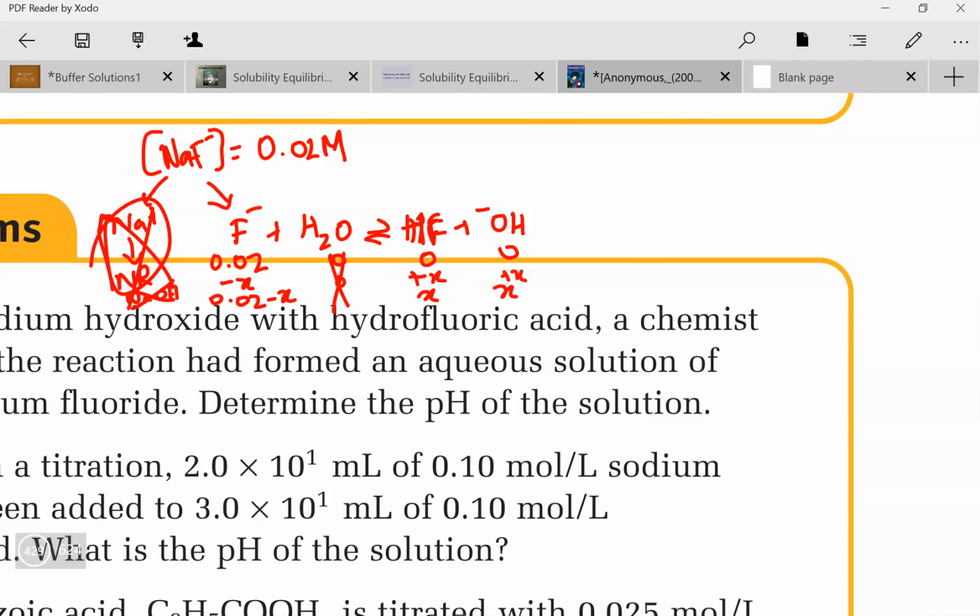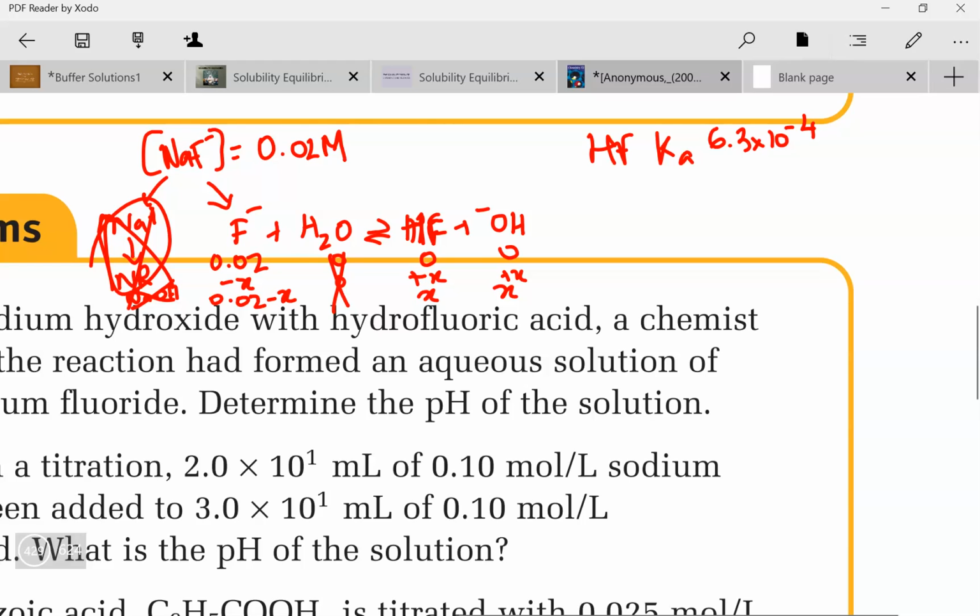And now we have to do two things. First things first, we have to find the Kb of F minus. So I'm going to look at the back of my textbook. Hydrofluoric acid, HF, is given to have a Ka of 6.3 times 10 to the power of negative 4.